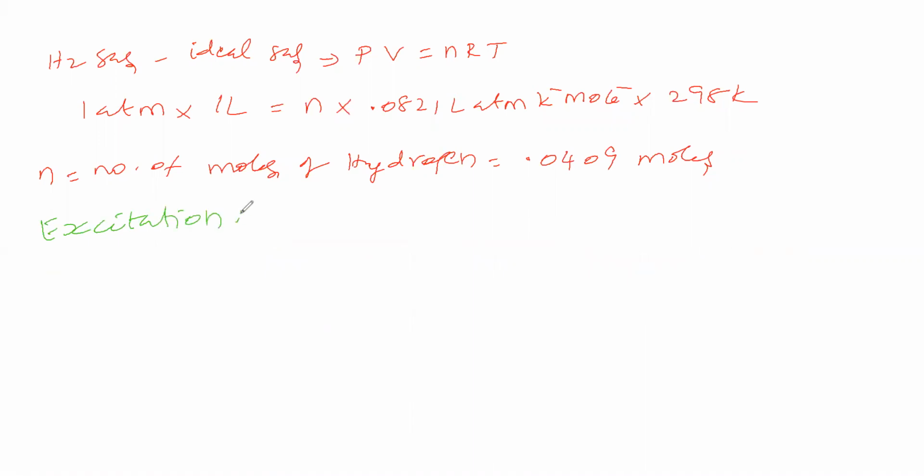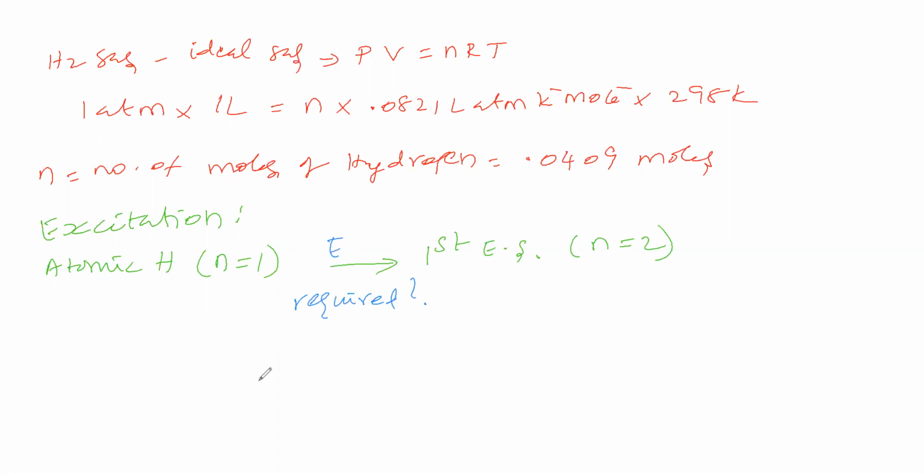Atomic hydrogen is going for excitation, so the electron present in the first level is jumping into the first excited state. First excited state means n is equal to 2. So going from 1 to 2, we will find the energy required for this process.